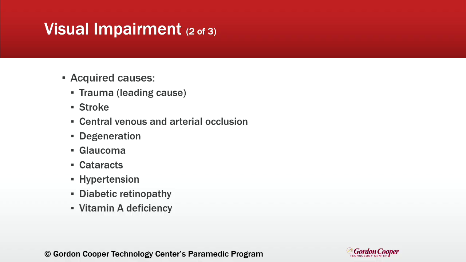So visual impairment can present in several distinct patterns depending on what the cause is. Acute angle closure glaucoma is a true ocular emergency. We're not going to be able to diagnose that in the field, but patients with acute angle closure glaucoma experience sudden, severe unilateral eye or paraorbital pain with vision changes.